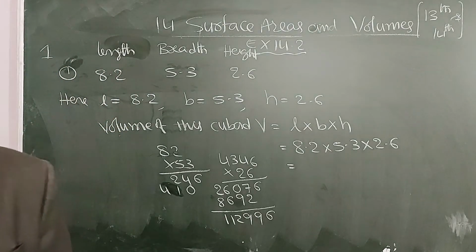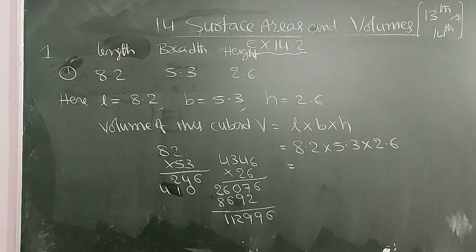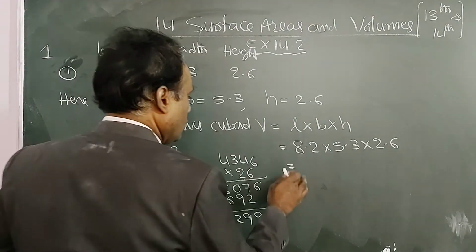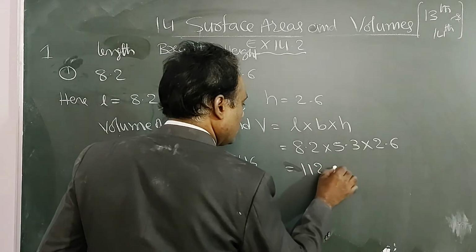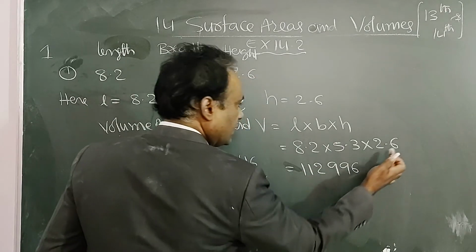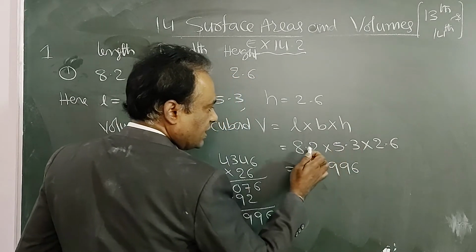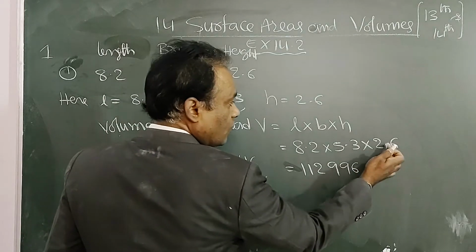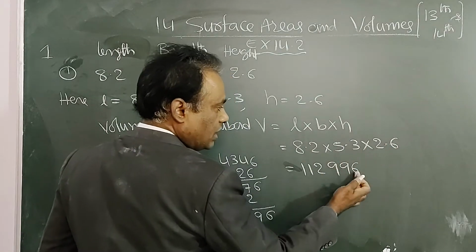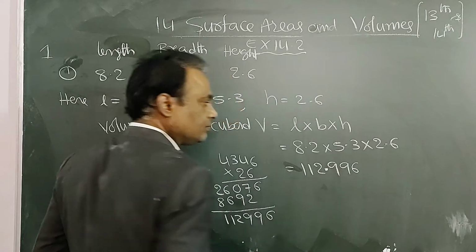See the simplification. So the answer is 112996. Decimal 1 digit, 1 digit, 1 digit. Total 3 digits. 1, 2, 3. Decimal.